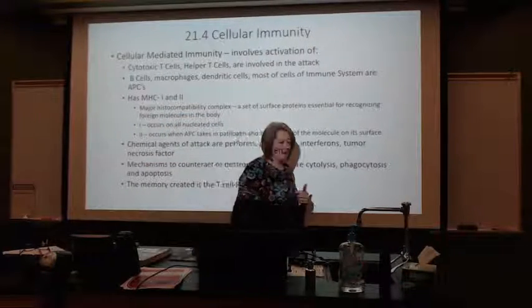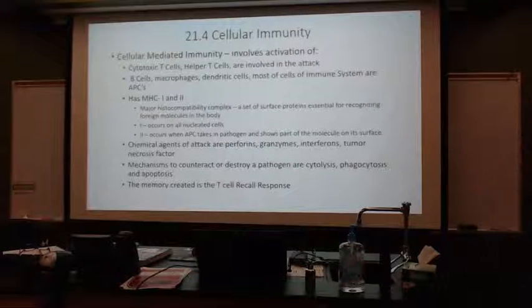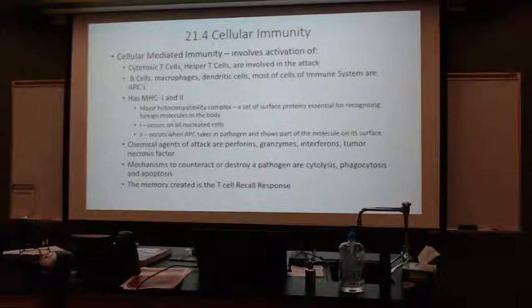So those cells that were able to take in that foreign particle and ingest it, if it's too much for them to handle, this is when they're going to push a piece of it through their cell membrane, and that is now an antigen-presenting cell. And it will now go to the nearest lymph node and present that foreign particle.